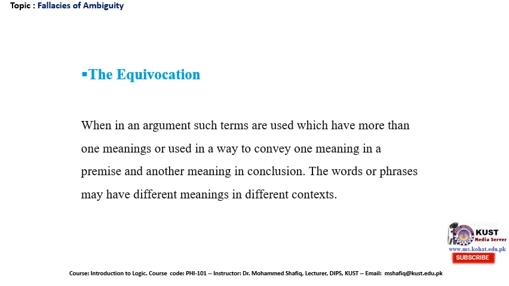So the fallacy of equivocation basically is when you use, whether intentionally or unintentionally or unknowingly, a term or a phrase in one sense in one part of the argument, that is to say in the premise, and then you use it in a different sense or different meaning in the conclusion.